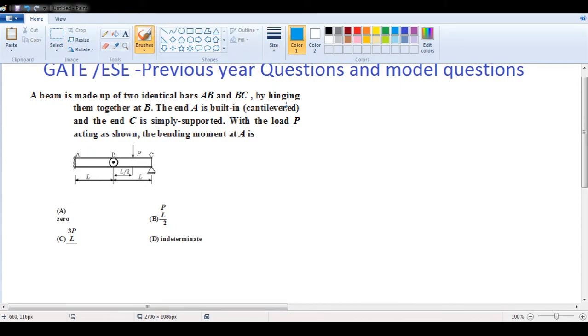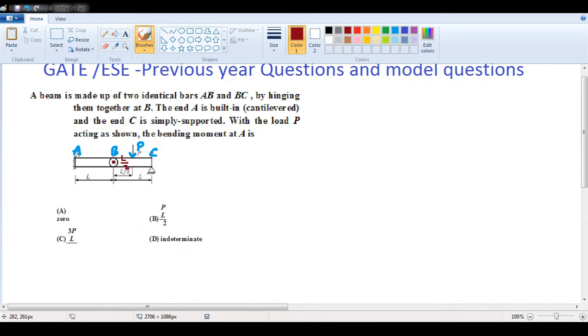So this is A, this is B, and this is C, and here there is a load P at a distance of L by 2. I'll just change the color, it's not visible. So this is L by 2 distance from this particular point.